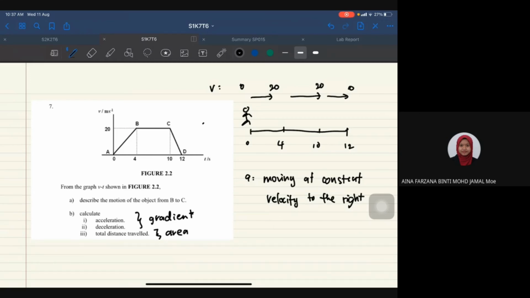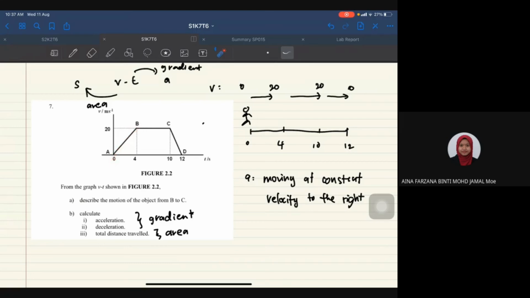Saya cakap tadi, ST, this is a VT graph. For a VT graph, kalau kamu nak cari acceleration, it will be gradient. If you want to find the displacement, it will be area. Okay, so here you can see clearly, for this one, it will be a positive M. Kenapa dia positive M?